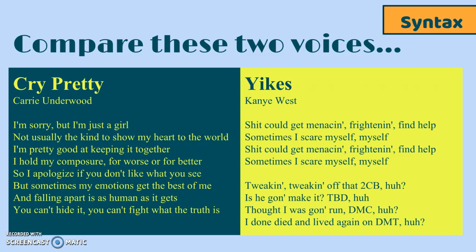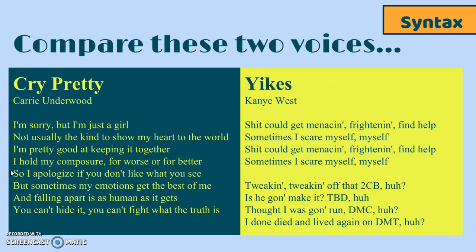So with the syntax, we're going to speed things up a little. With diction, you got a lot of examples, but with syntax, you just have to find a couple to figure out the same kind of things that you can figure out with diction. So here I want to look at the fact that the persona Carrie Underwood is building in this song uses a lot of conjunctions, such as so, but, and.